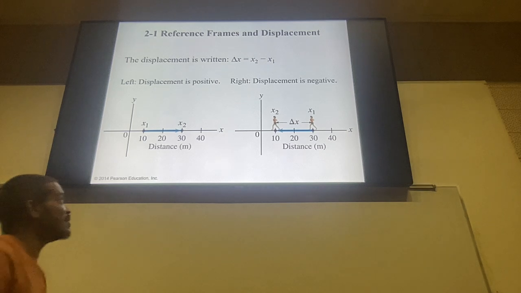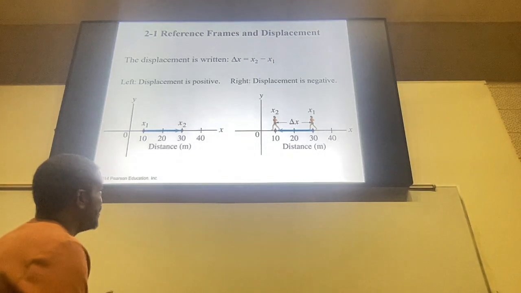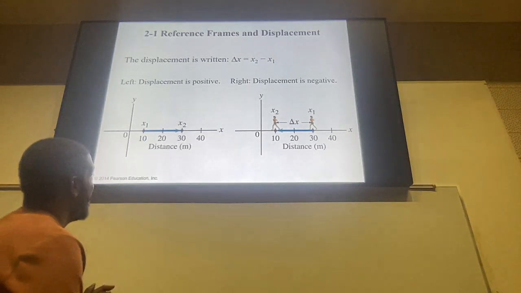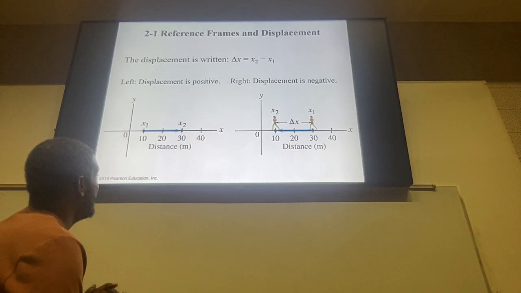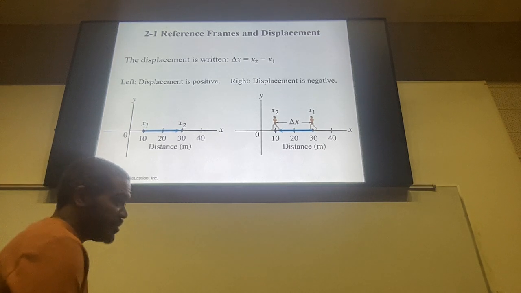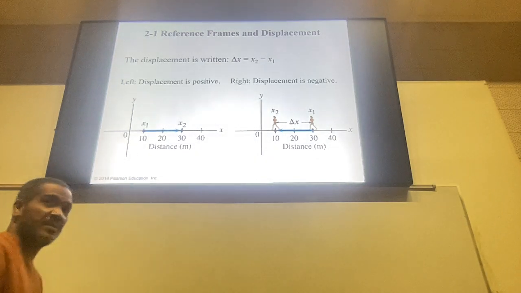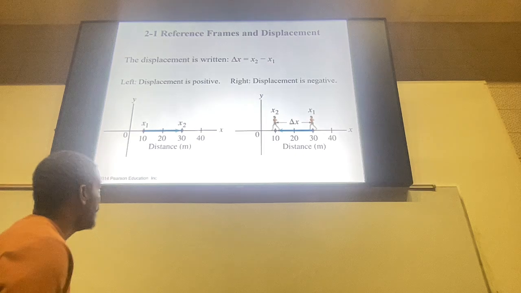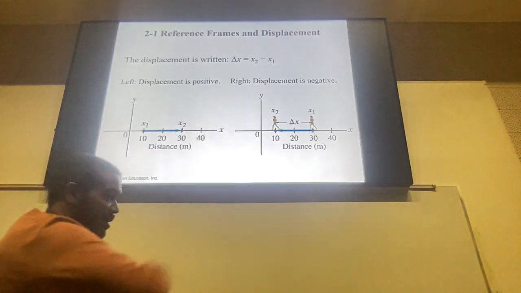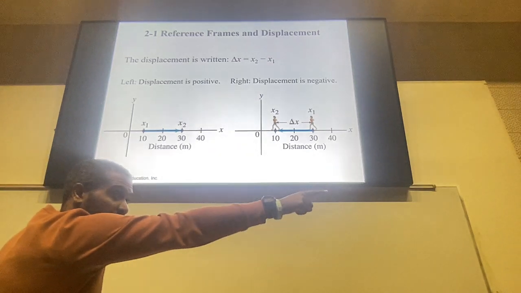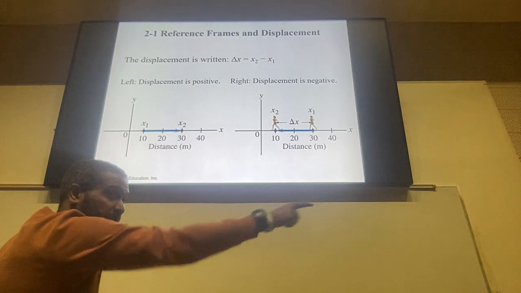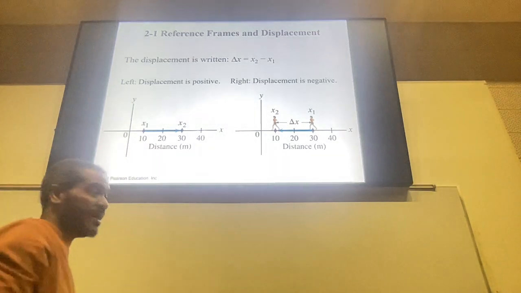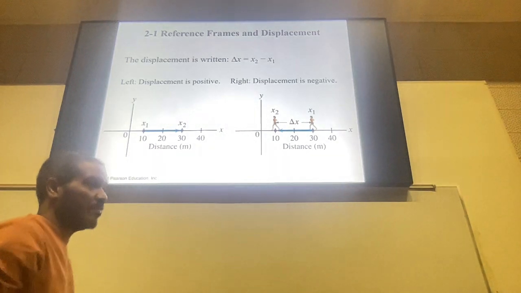Same difference here, right? We look at the two cartoons. On the left-hand side, we're going from 10 meters to 30 meters, right? That's a distance of 20 meters to the right, or in the positive direction.